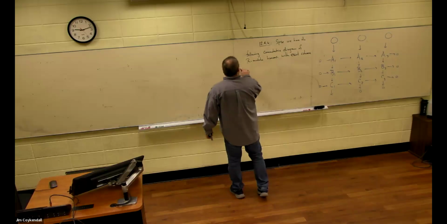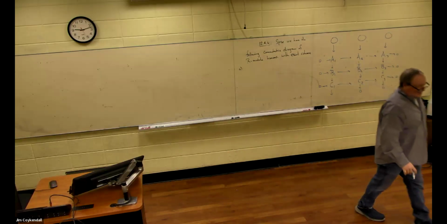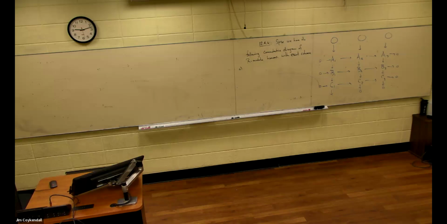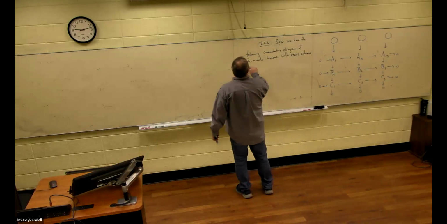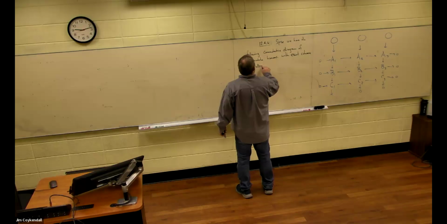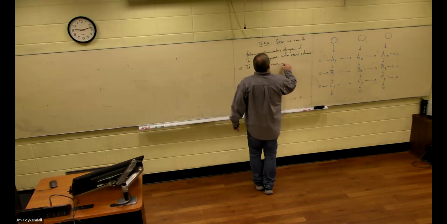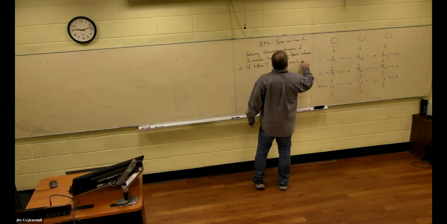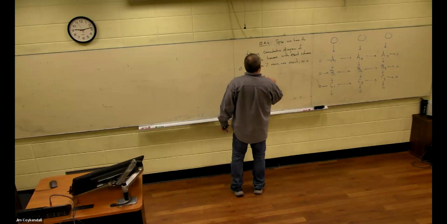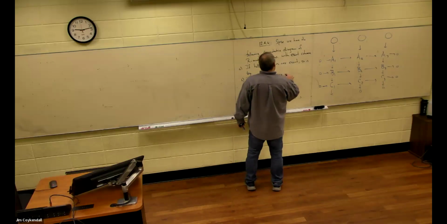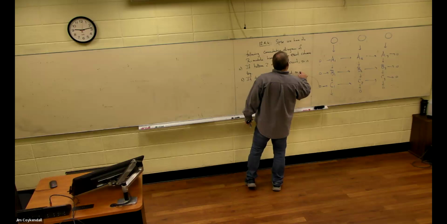Number A: if the bottom two rows are exact, so is the top. And B: if the top two rows are exact, so is the bottom.